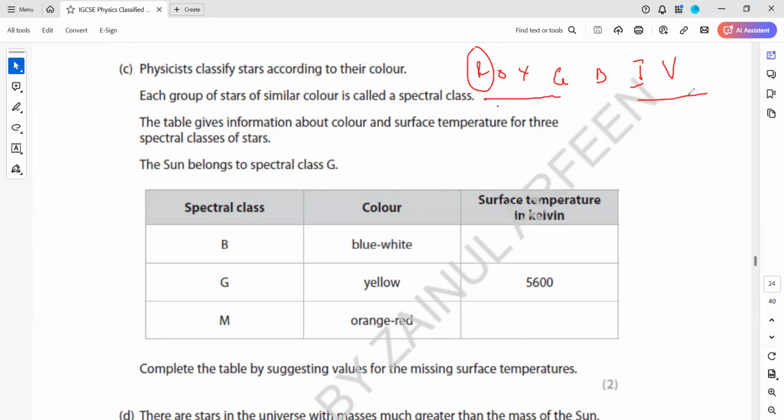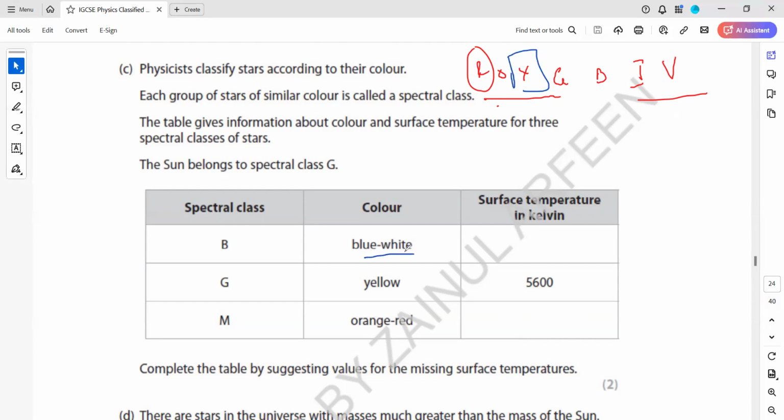If the temperature is high, it will appear in this region. You don't have to memorize this value, you just have to estimate here. It's like a range of answers will be accepted for this one. So the yellow sun is here.